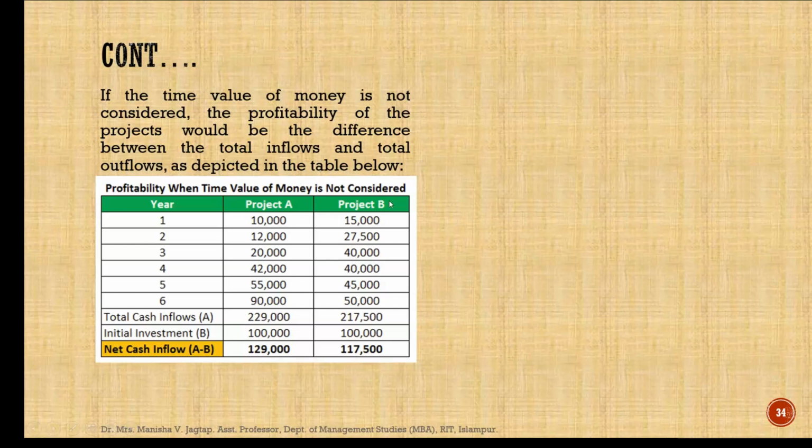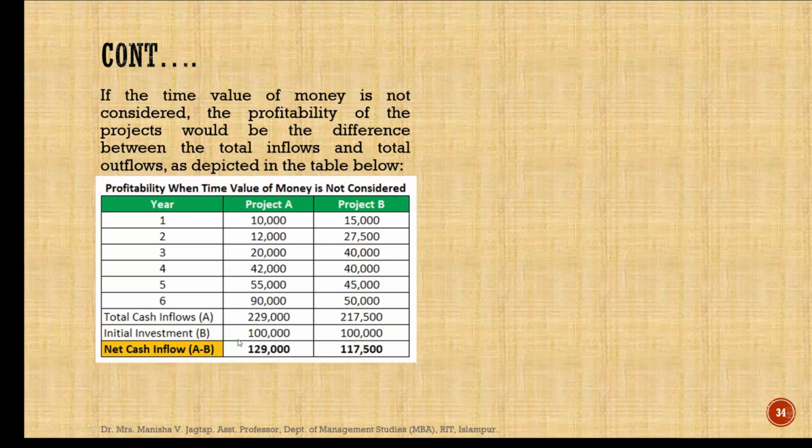Then for project B, again, whatever information is given in the example, the same is written for all the 6 years. Then next is cash inflow. Total is taken here, 2,29,000 in case of project A and 2,17,500 for project B.